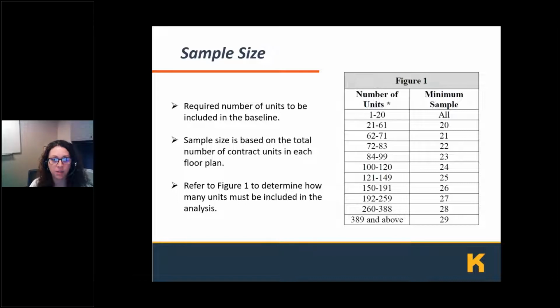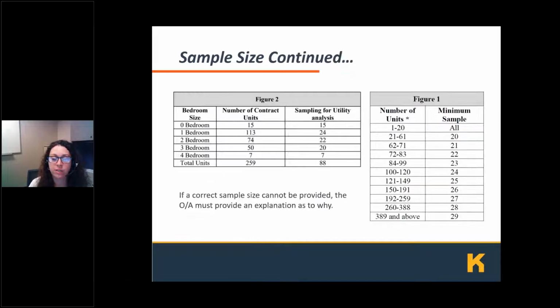Okay, and then I mentioned this is included a couple of places. This figure 1 is on the HUD housing notice. We've also included it on our spreadsheet for you to reference. Okay, so we're going to get into an example here. In this example, this property has 15 contract units in their 0-bedroom floor plan.